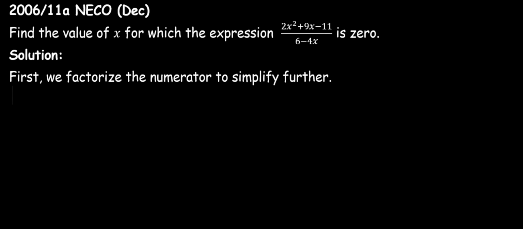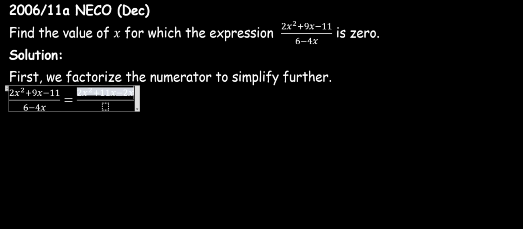At the numerator we have a quadratic, so we are looking for the factors of AC that will give us B. Our AC here is minus 22, since 2 times minus 11 is minus 22. Two factors of minus 22 that will give us plus 9 are plus 11 and minus 2.